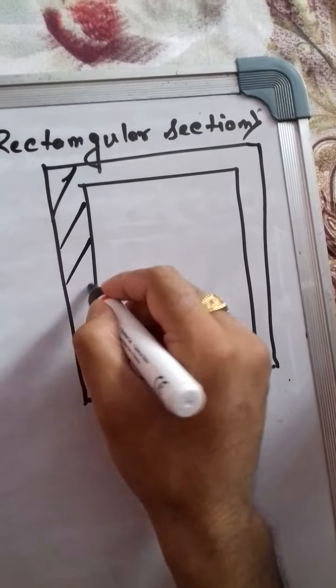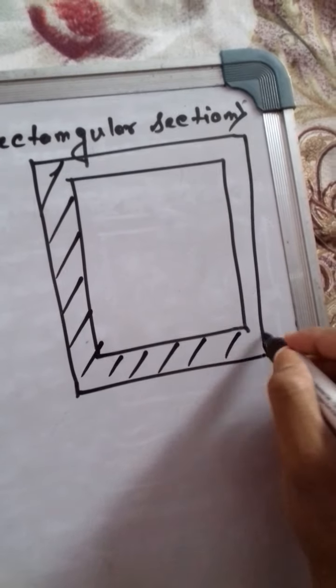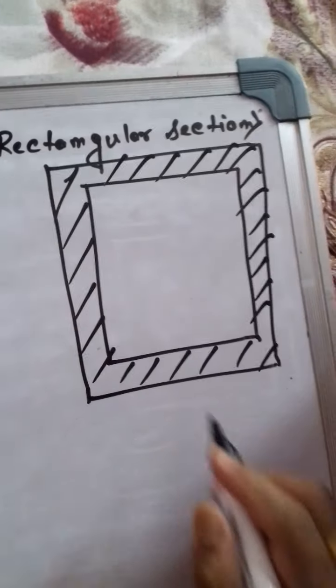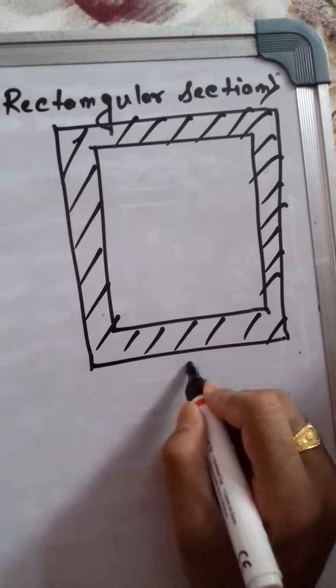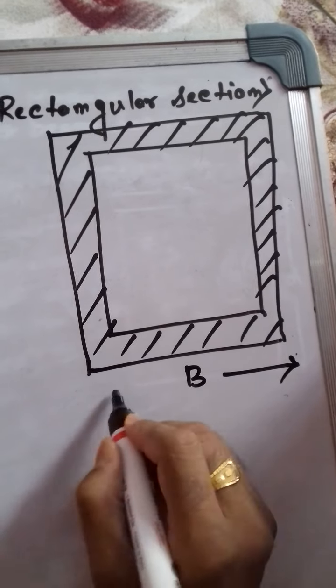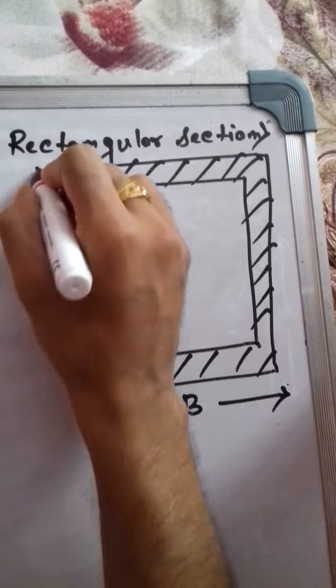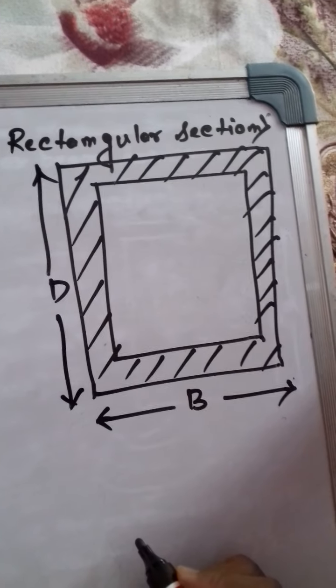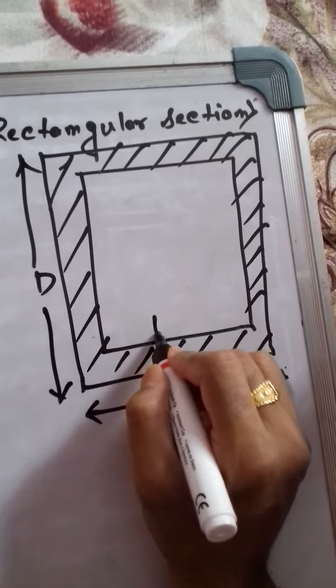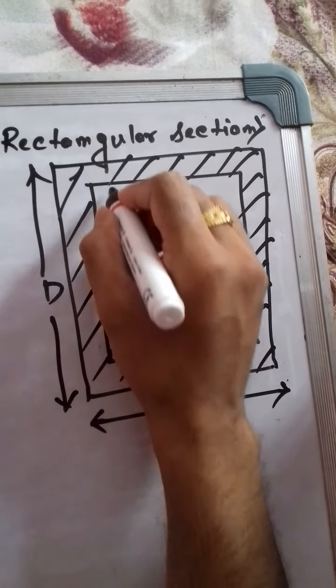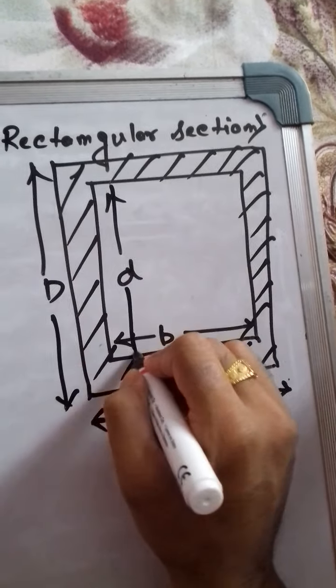This is a hollow rectangular section. Now see, this is the width and this is the depth, overall width and overall depth.